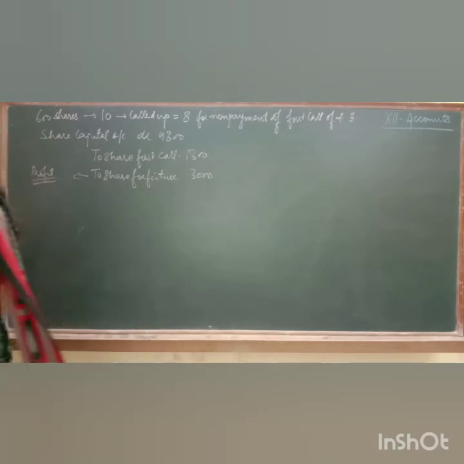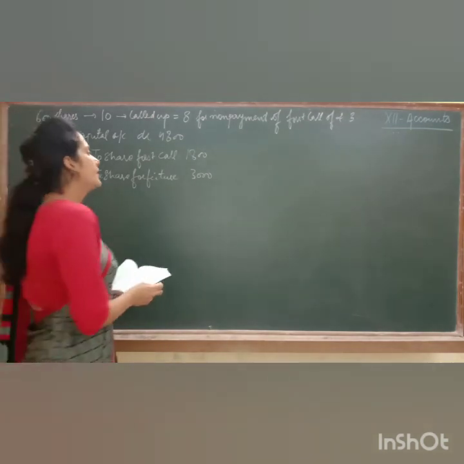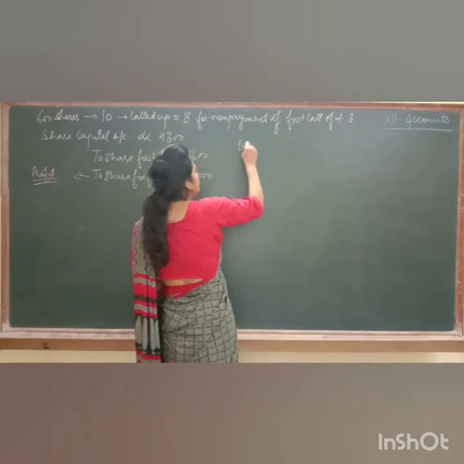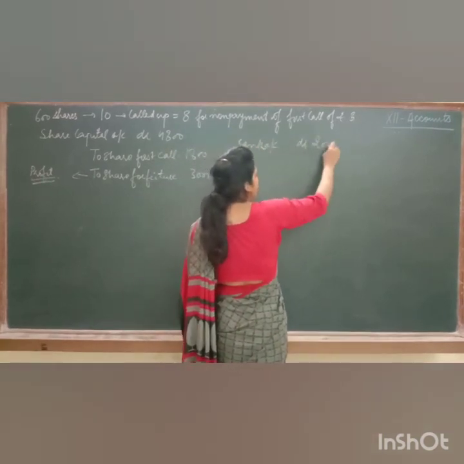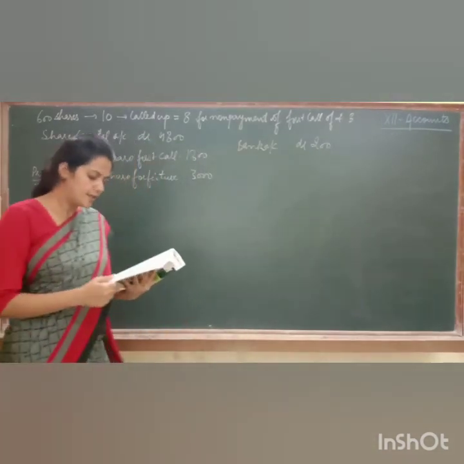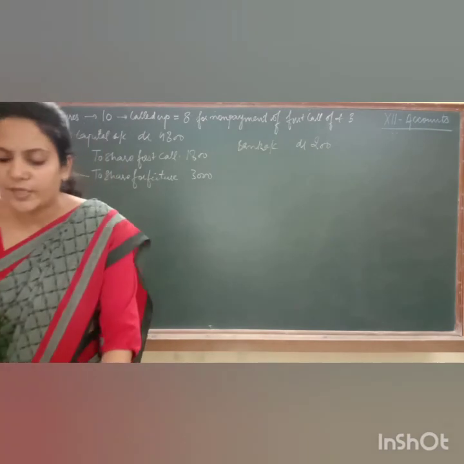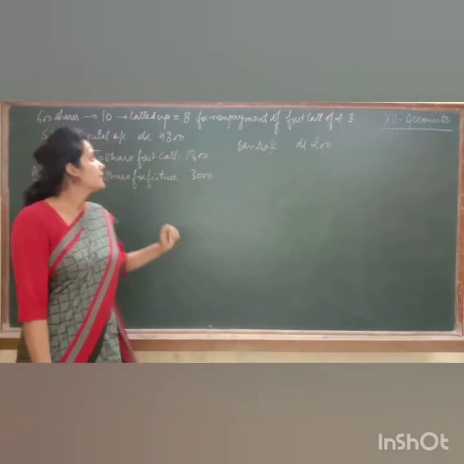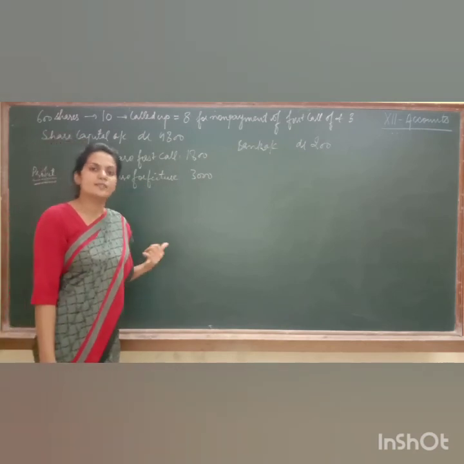Now read the next line. It is mentioned that out of these, 200 shares were reissued. Now we have reissued some shares also. So bank account debited. How many have we reissued? 200 shares, as 8 paid up for 7 per share. 8 paid up for 7 per share means the called up value was 8, but we issued it at rupees 7 only.